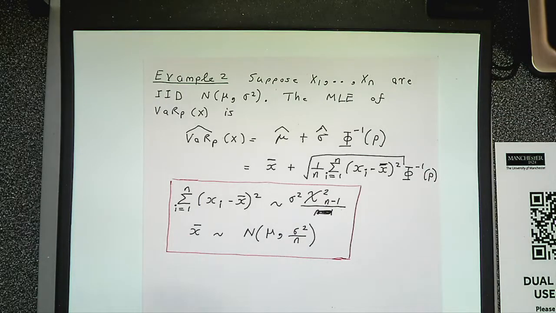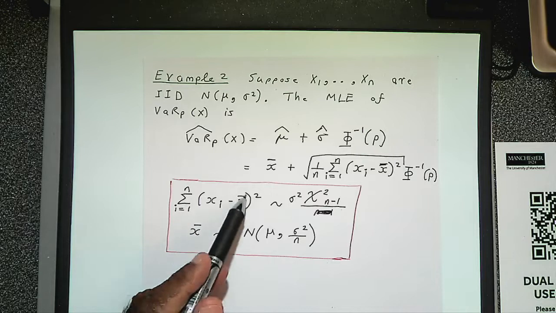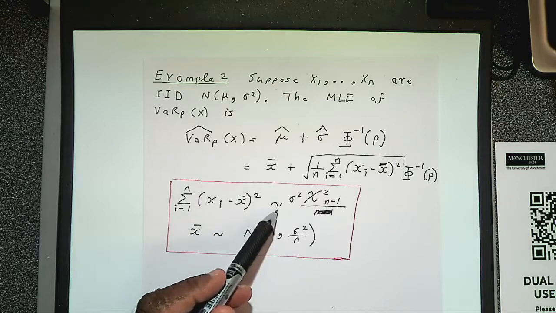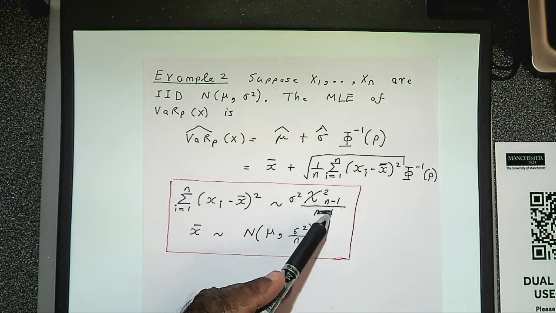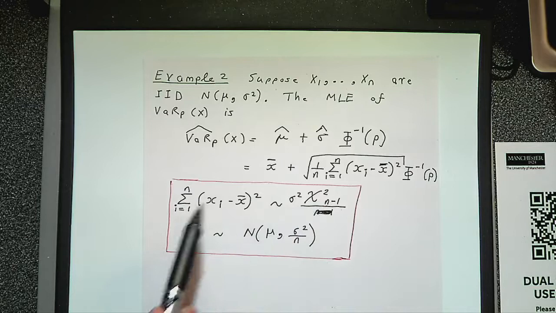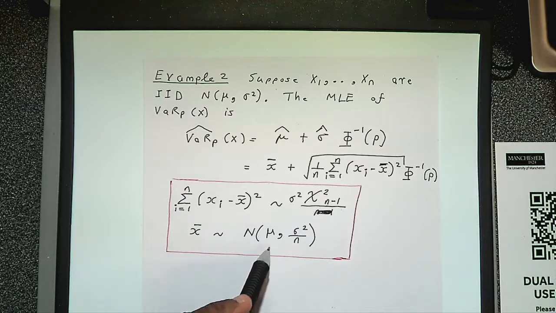These are two well-known results: this guy here is distributed as sigma squared times a chi-squared variable with n minus 1 degrees of freedom, and x bar is distributed as normal with these parameters, right?